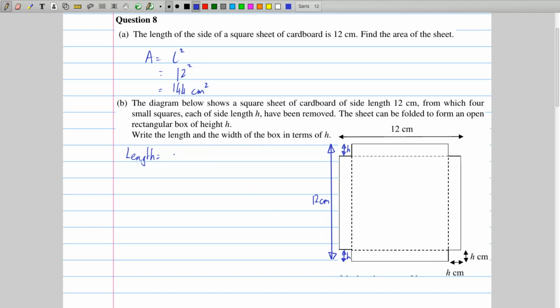So the remaining length is 12 centimeters minus these two h's that have been cut out. And you can show actually that the width follows exactly the same formula. You start with 12 and you take away two of these squares, and so you're taking away two length h's from the width of the resulting box.